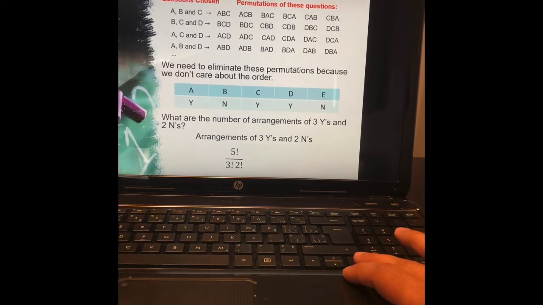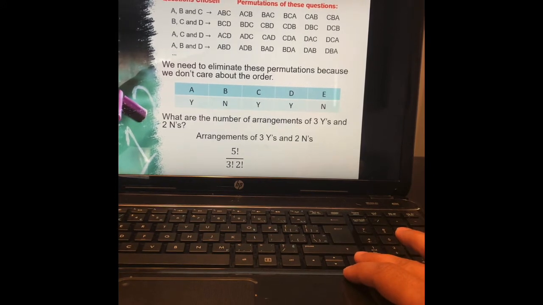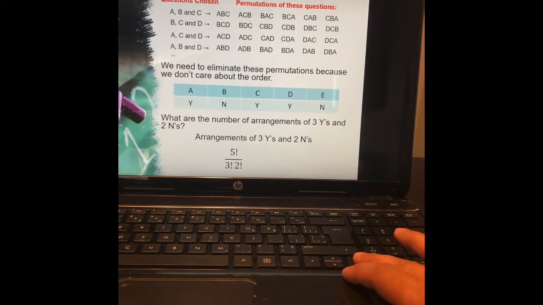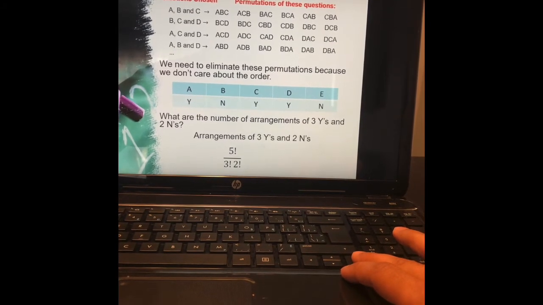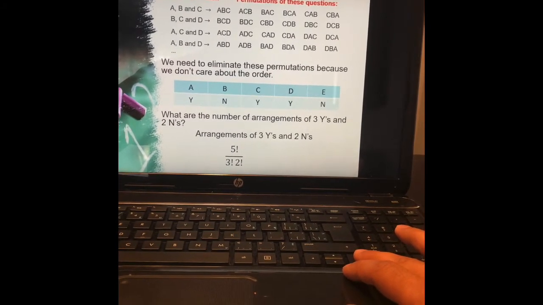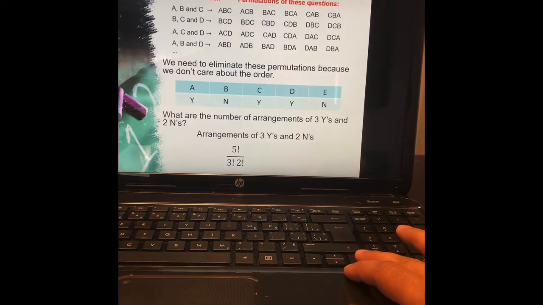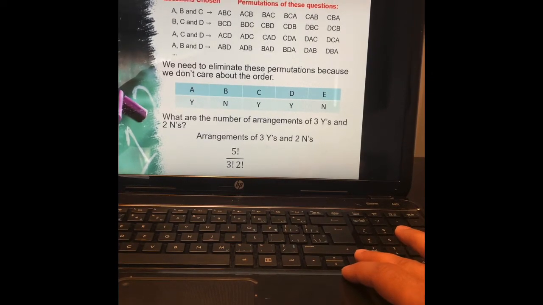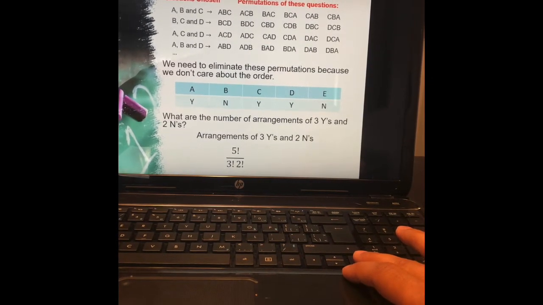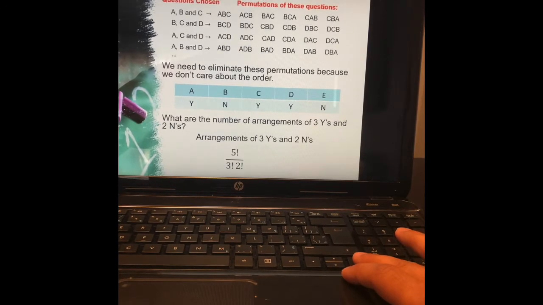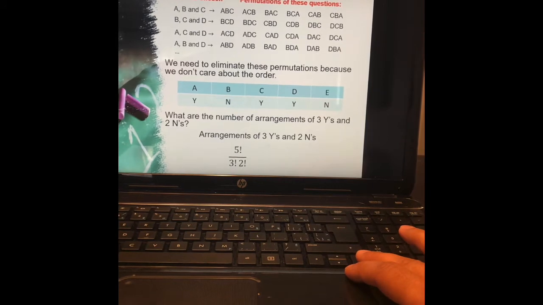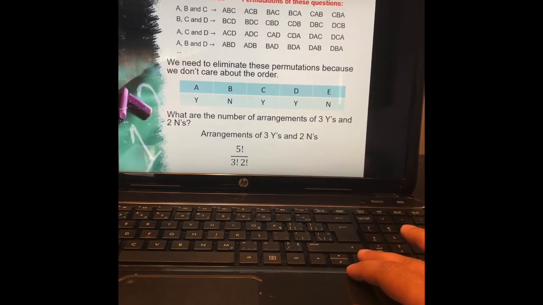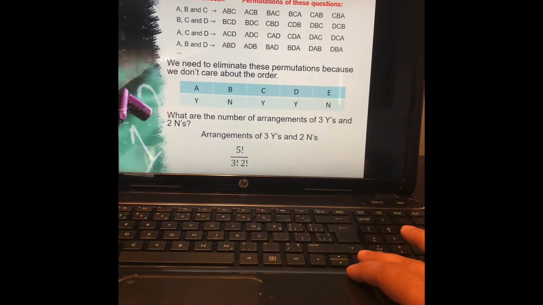And then you can figure out how many 3-topping pizzas you could make from 10 different toppings. It would be 10 factorial because you have 10 different toppings, divided by 3 yeses, so 3 factorial, and 7 no's, 7 factorial. And that would give you a 3-topping pizza if you had 10 toppings.